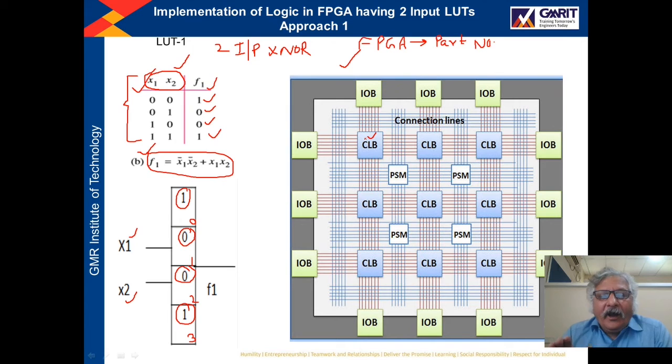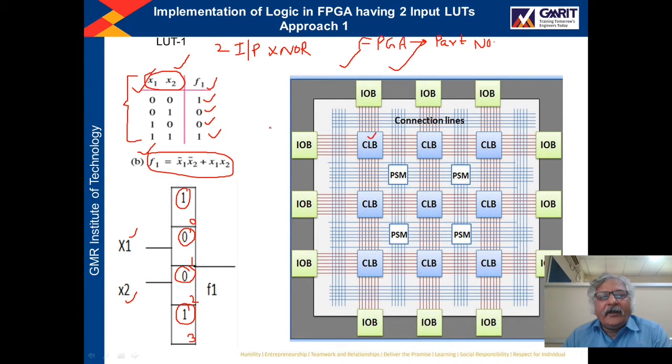Then after the synthesis tool we will get one netlist, that is the EDIF file. During the synthesis, a netlist will be generated as per this FPGA. In this FPGA our logic will be implemented in a 2 input LUT, because all the CLBs have 2 input LUTs only.